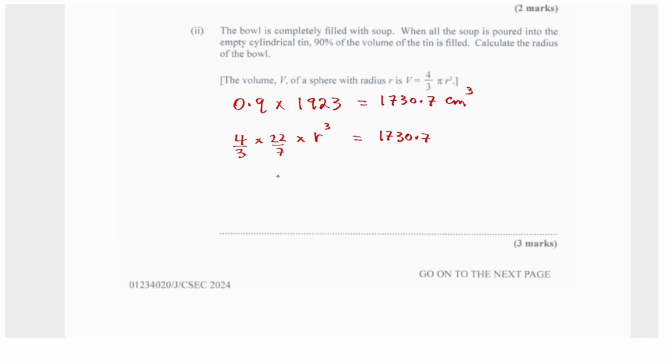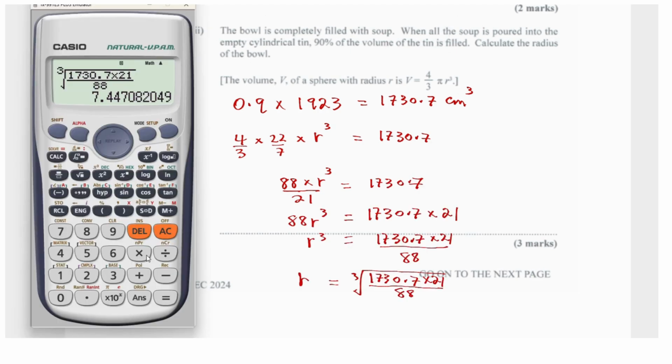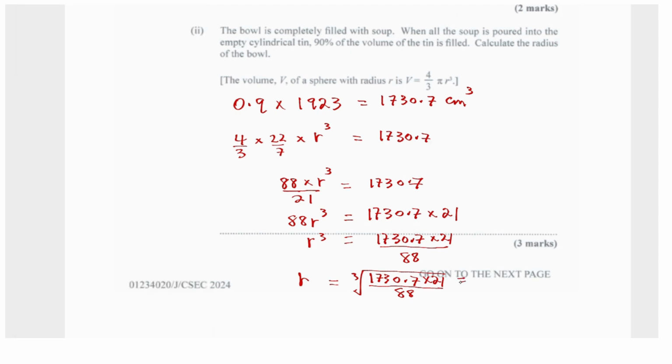So what we have there is 88r cubed. 4 times 22, that's 88 times r cubed, all of that over 21, equals 1730.7. So what we get there is 7.4 centimeters to 1 decimal place. So r equals 7.4 to 1 decimal place.